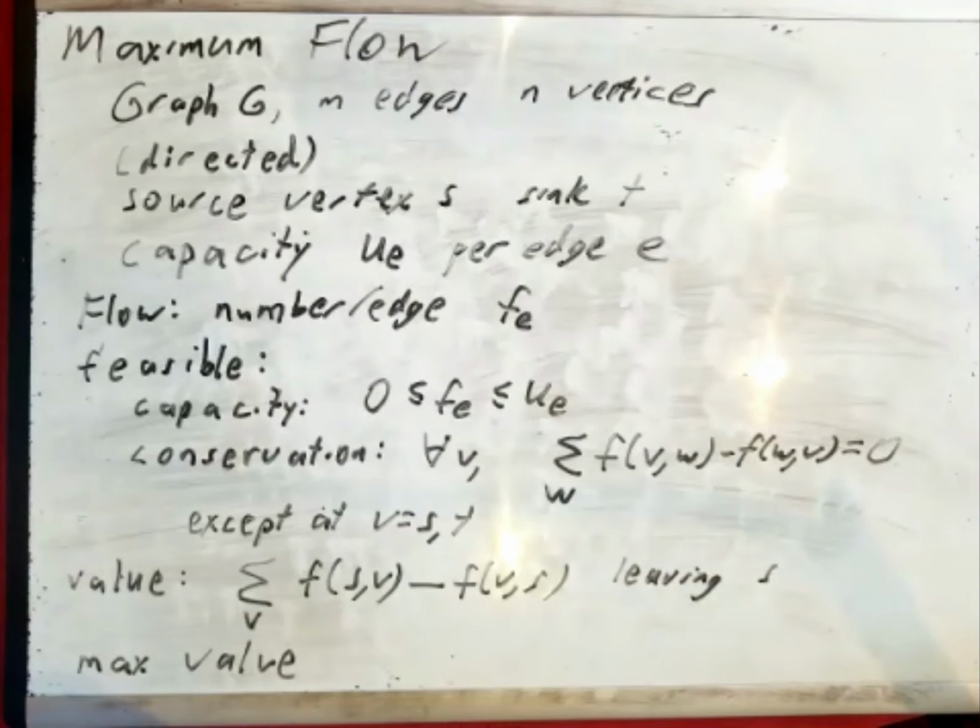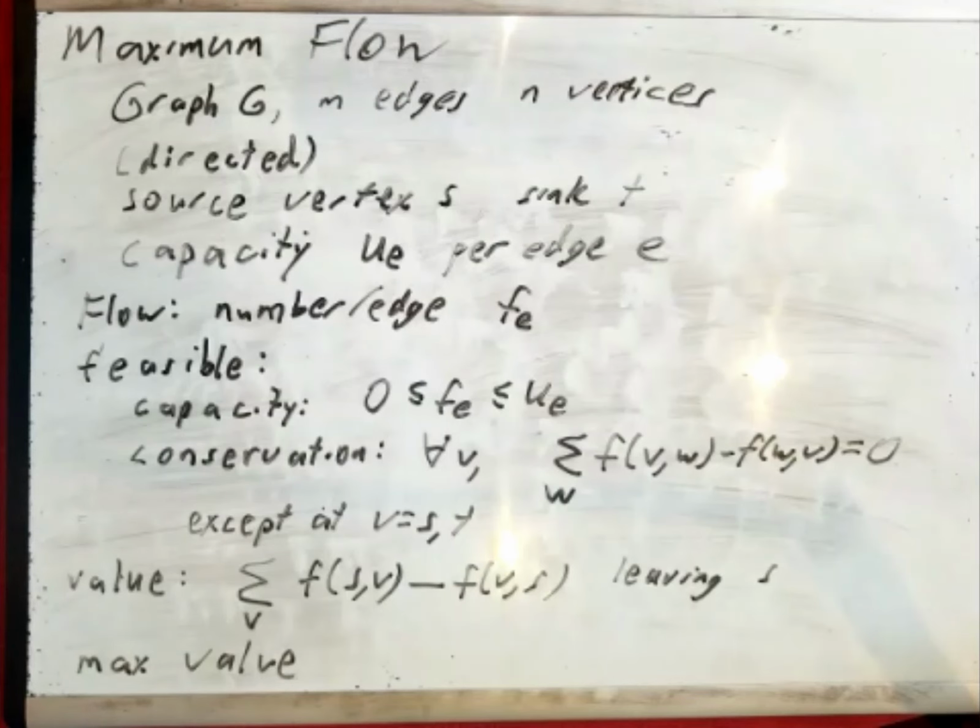So this models many problems, right? But the intuitive one is that you just have a collection of pipes and you've got a source of water or oil or whatever other liquid you want to think about at one place in the pipes, and you want to know how much water you can push to some other place in this network of pipes.